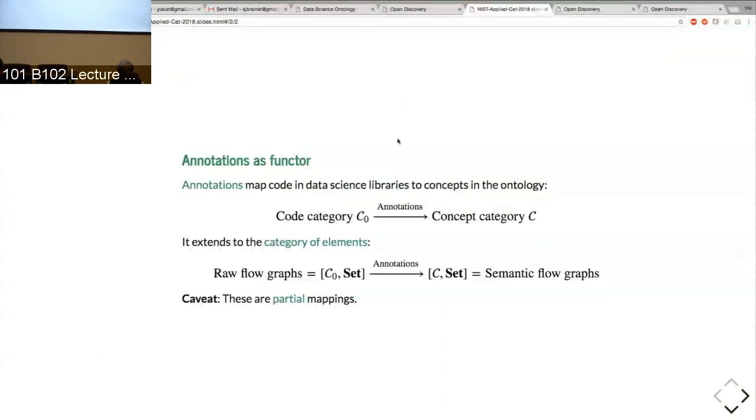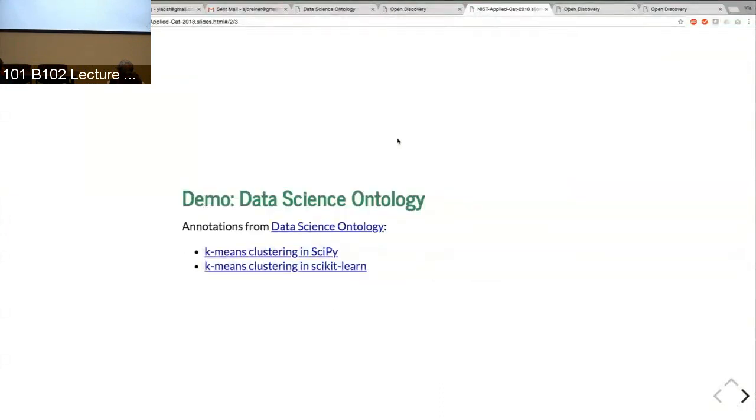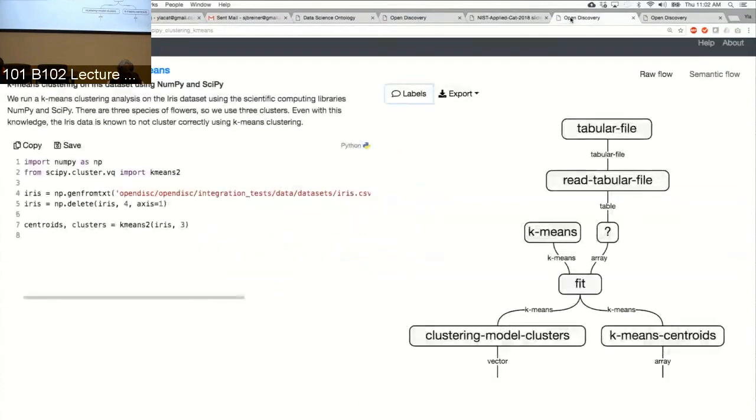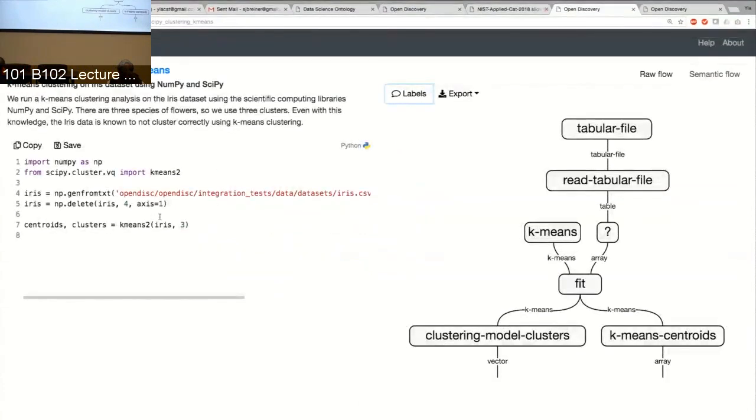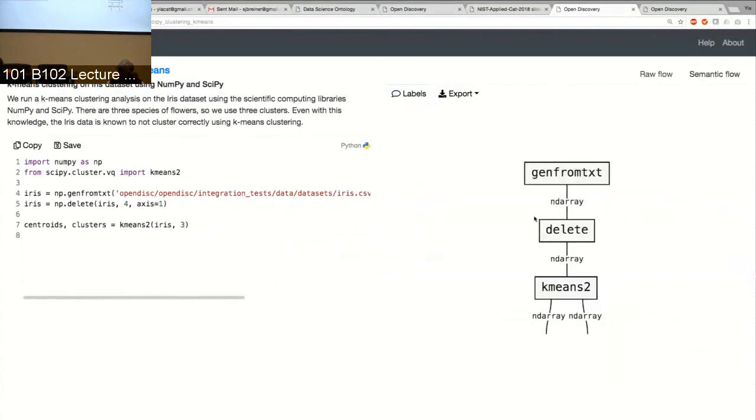To give you a sense of what I mean here, let me go back to this first example, this first script that uses the library SciPy. Here's the raw flow graph for this analysis, and these are exactly the functions that are in this script.